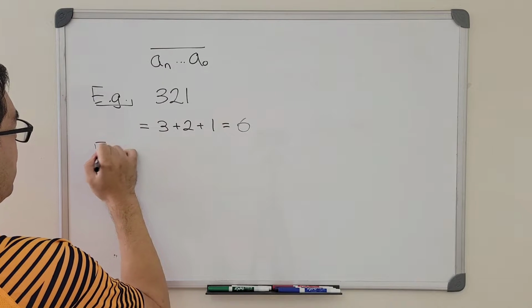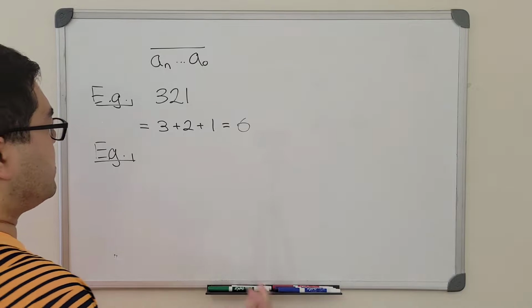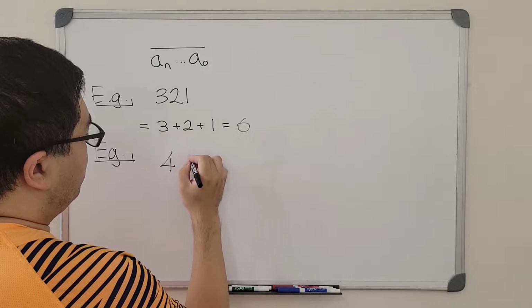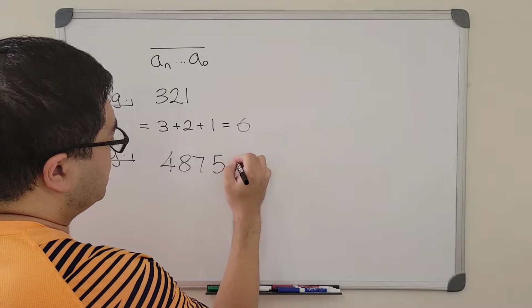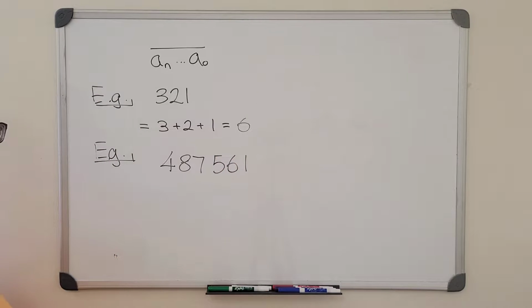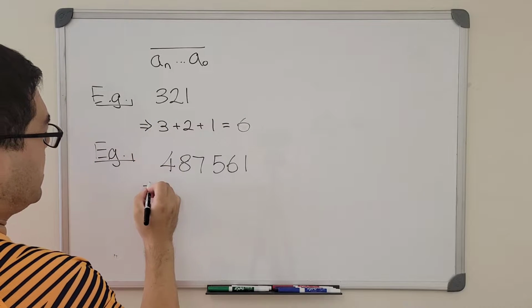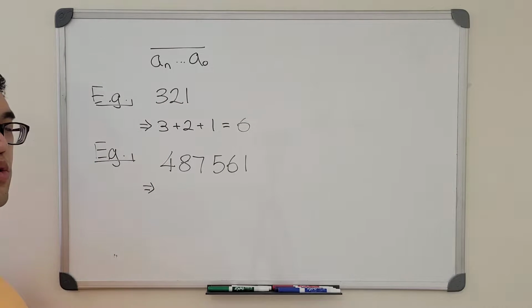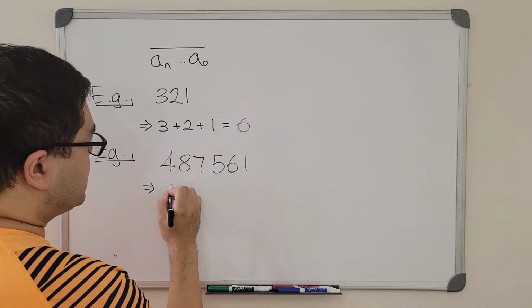Let's check another example. This time I'm trying to make something bigger. Let's say 487,561. I just randomly made a number. Let's see what we'll get. And I shouldn't put an equal sign. Remember, they are not equal. But following the trick, we will now add all the digits together.